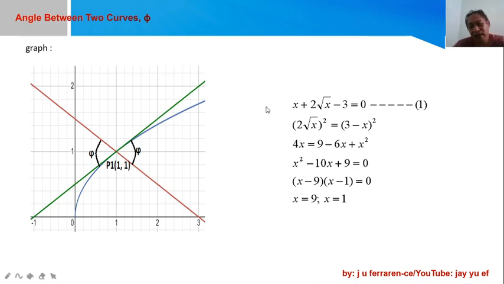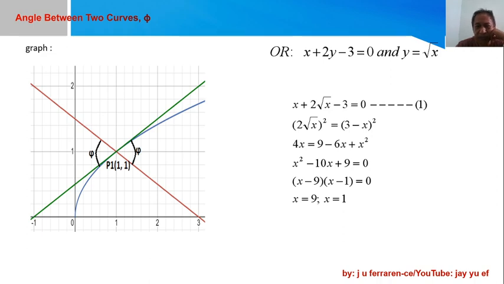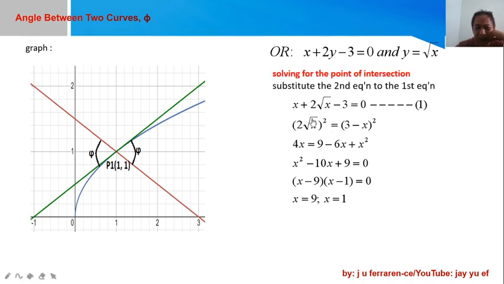Now, if you choose to solve for the location of the point of intersection this way, this is my equation, and if you substitute your y directly with the square root of x, you will arrive at an equation containing a radical term.